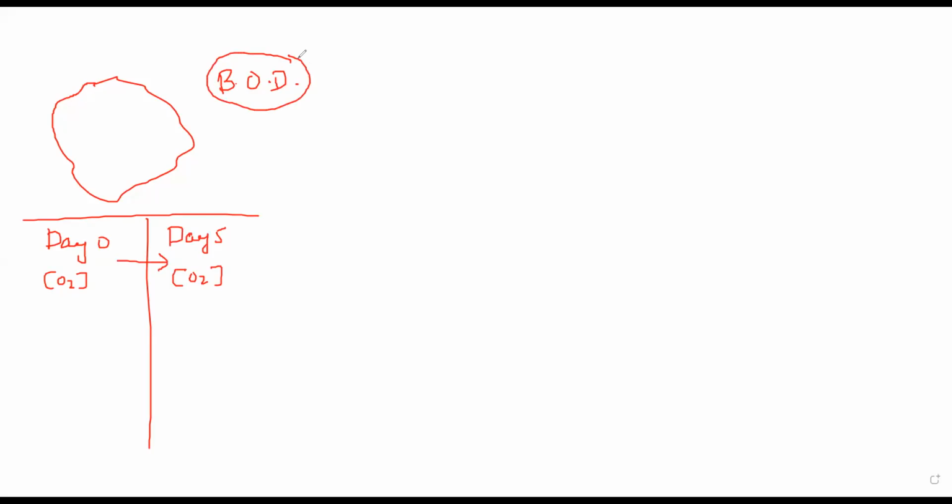The oxygen consumed in these 5 days is the demand for oxygen, and that we label as BOD. BOD is basically how much oxygen is consumed, or the drop in the concentration of oxygen over the period of 5 days.